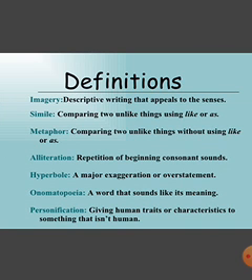Then there's metaphor, when you are also comparing two unlike things, but this time around you are not using like or as. Then we also have alliteration, repetition of beginning consonant sounds. There's also hyperbole, a major exaggeration or overstatement. Onomatopoeia, a word that sounds like its meaning. Then we have personification, giving human traits or characteristics to something that isn't human.